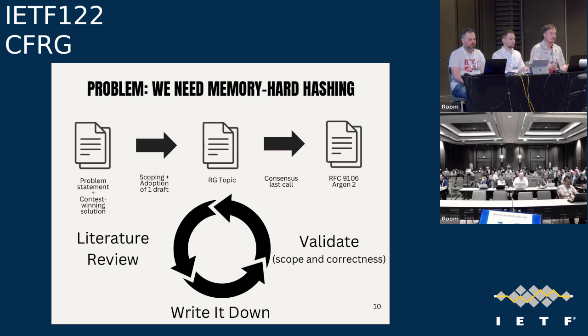And then it became a research group topic and went through the spin cycle of literature review, write it down, validate, community review, all the way through consensus last call. And then we ended up with 9106. So this is the easiest case, or one of the simplest cases, because the problem statement was relatively simple. It's memory hard hashing, and memory hard is defined in a certain way.